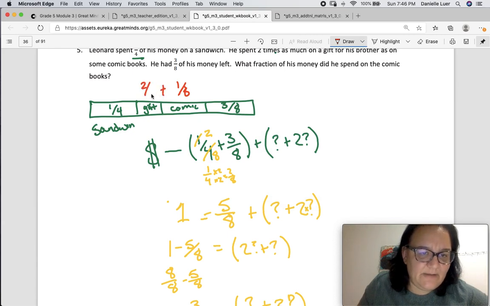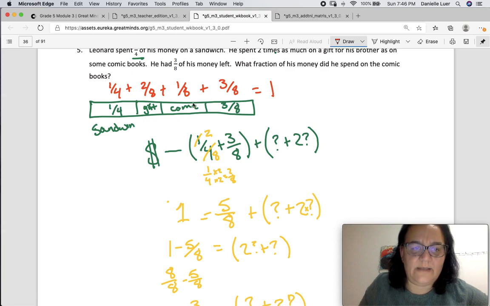So if we did that correctly, 1/4 plus 2/8 plus 1/8 plus 3/8 should equal 1. Let's see if we're right. First of all, I want to change this into 2/8. Okay, 2 plus 2 is 4 plus 1 is 5, 6, 7, 8.